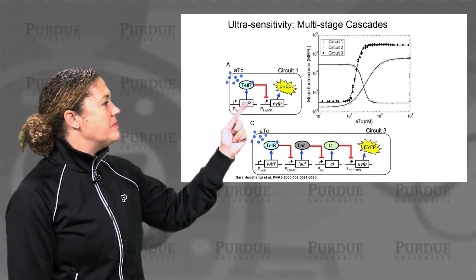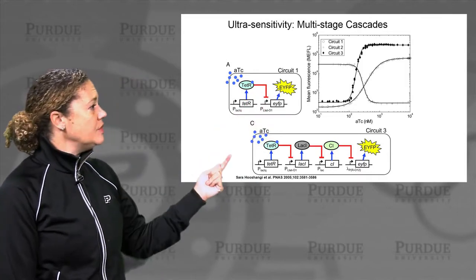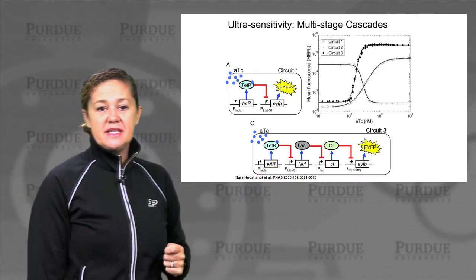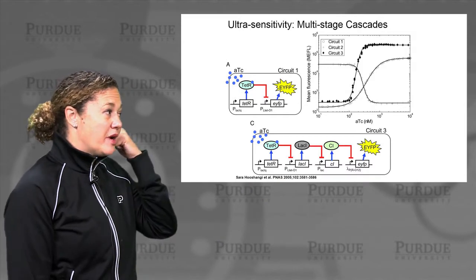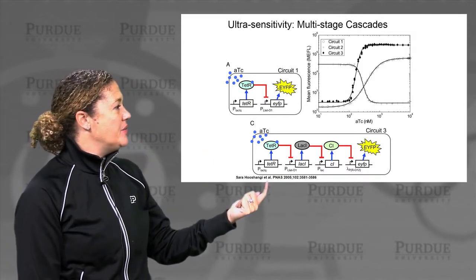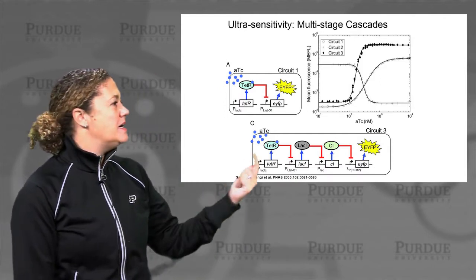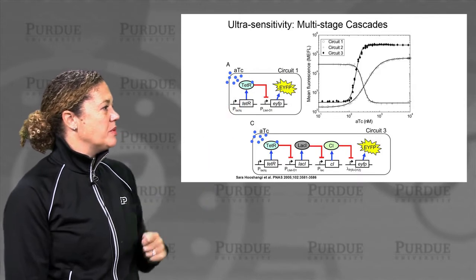Now they compared this simple one-step circuit to a cascade of 3 steps. In this case, we have a cascade of 3 repressors. Remember, 3 repressors in a row is going to be the same as 1 repressor.